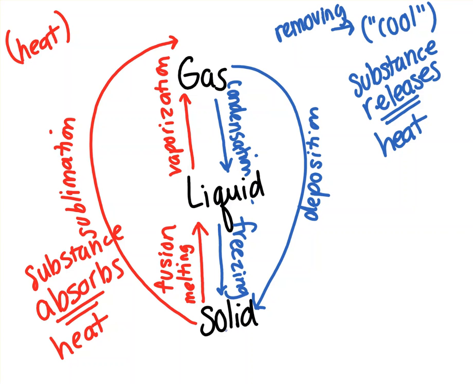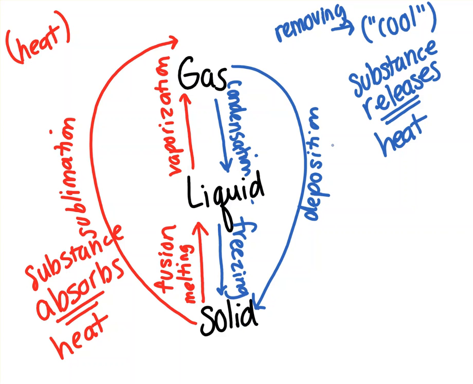And that might seem really strange because your freezer doesn't get hot, your refrigerator doesn't get hot. What's happening though is that your freezer is removing heat from the liquid and putting that heat out into the room. And that's how your refrigerator works. It removes heat out of the things inside and dumps it out into the room. So that is a process where the liquid water is releasing heat to become a solid.